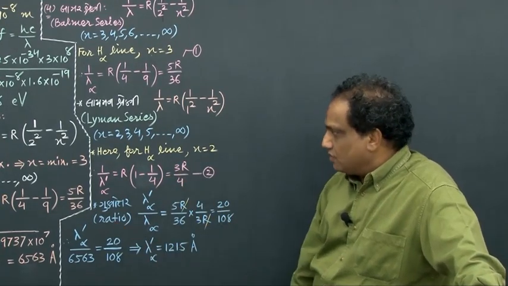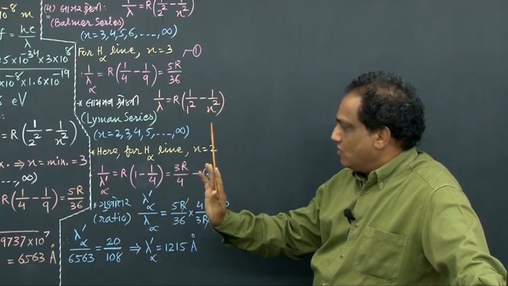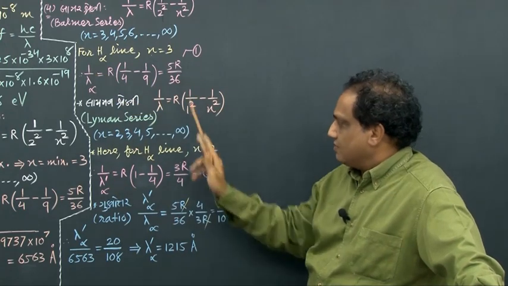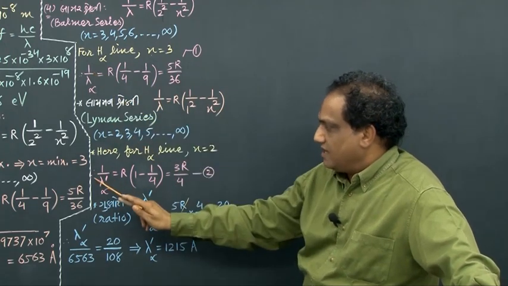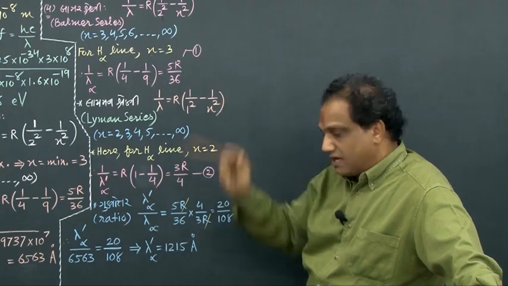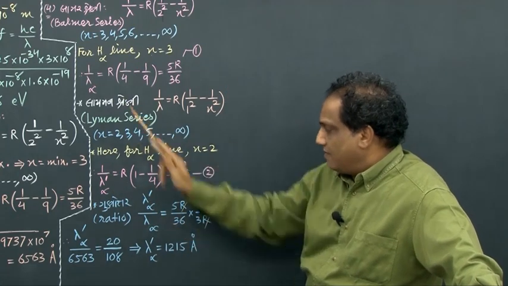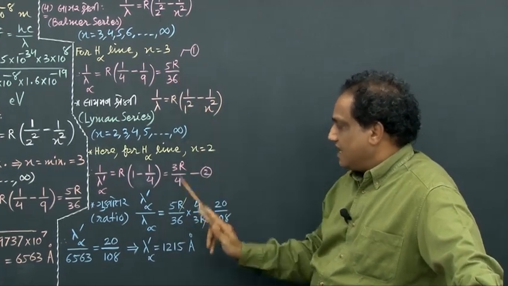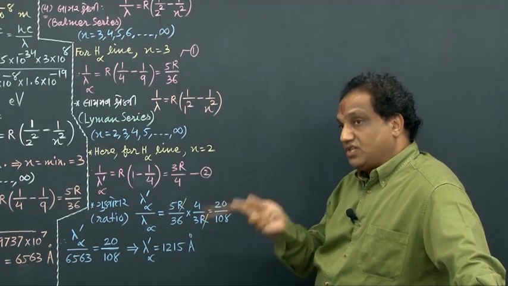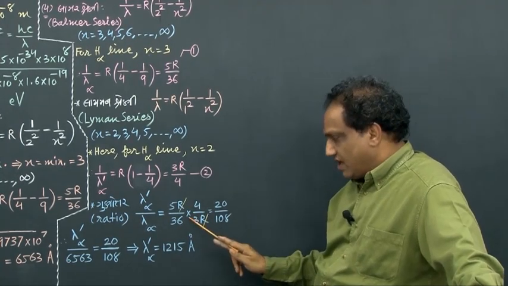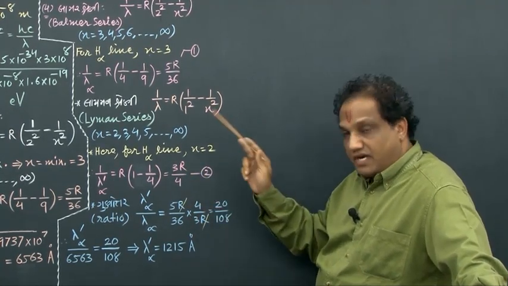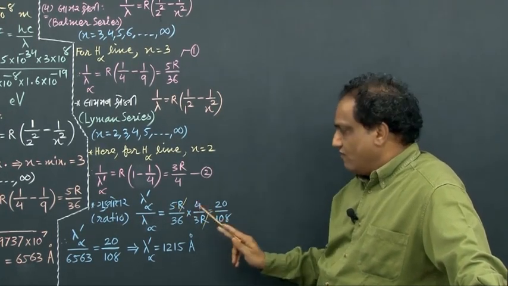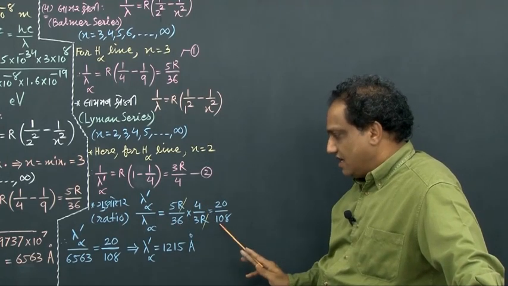Now take the ratio. This upon this: when you take the denominator, it will become the numerator. So lambda alpha dash upon lambda alpha equals this upon this, 5r upon 36 as it is. Instead of division, I am showing the sign of multiplication, so this ratio should be inverted: 4 upon 3r. The r's are getting cancelled. 5 4s are 20, 36 3s are 108.